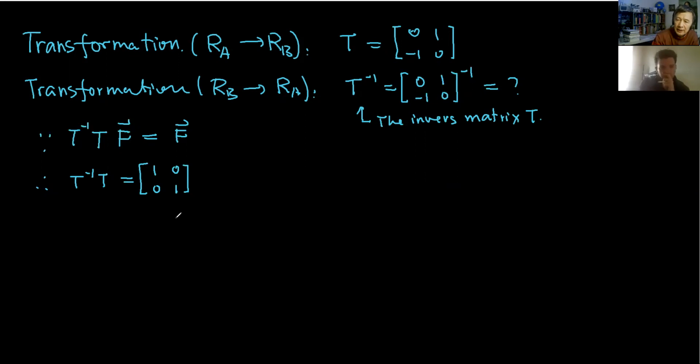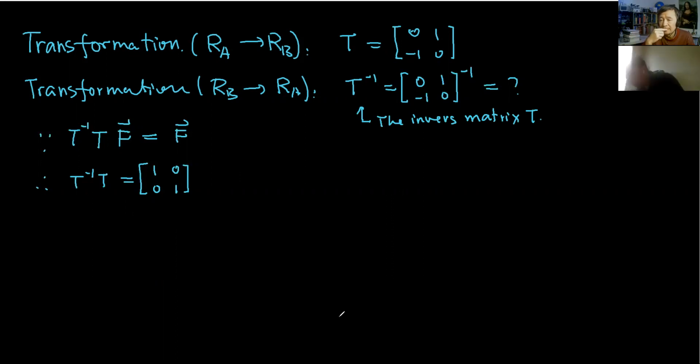Now, can we set up the mathematical equation to solve this puzzle? Do we know T? Yes, we do know T. And we do know the unit. So we need to do some algebraic manipulation, but we need to set up the equation first.